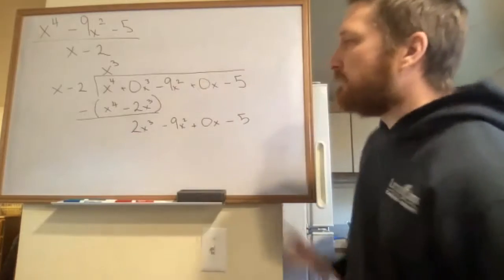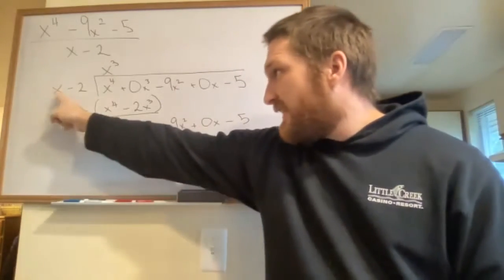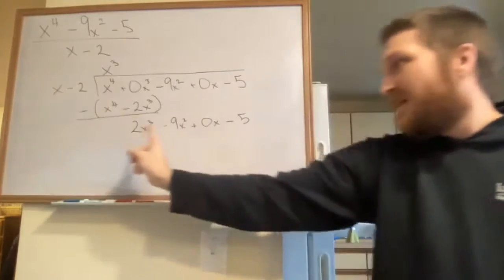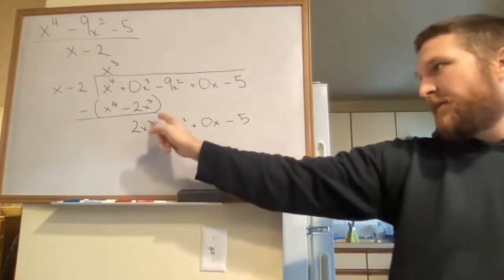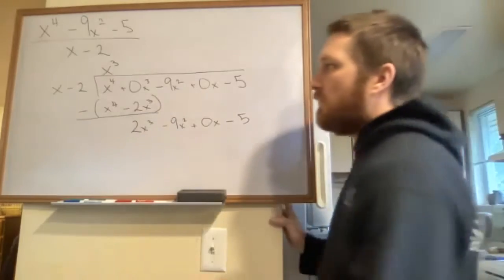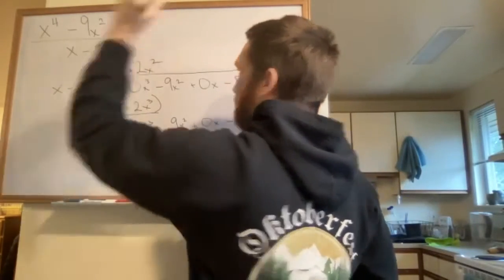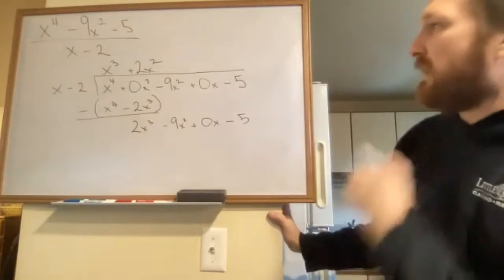Okay, now, what number do I need to multiply this guy by to give me this leading term right here? 2x to the second. So plus 2x squared. Okay, let's check and see.